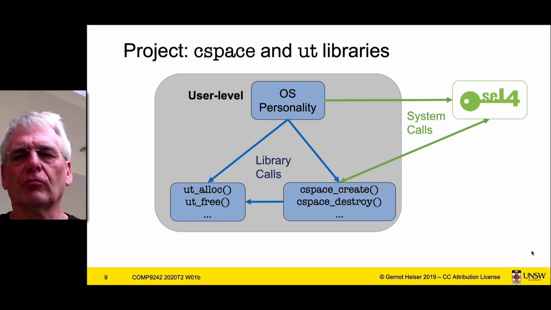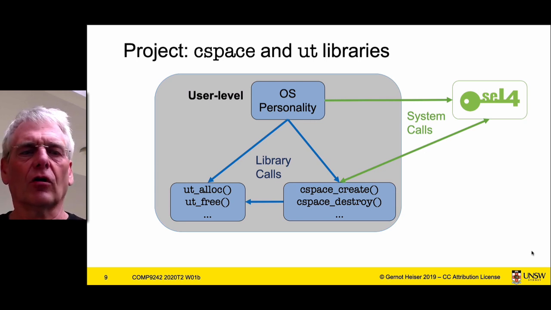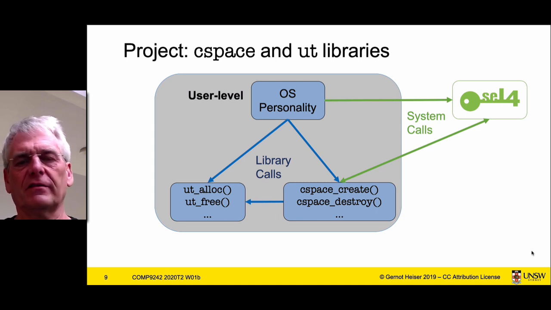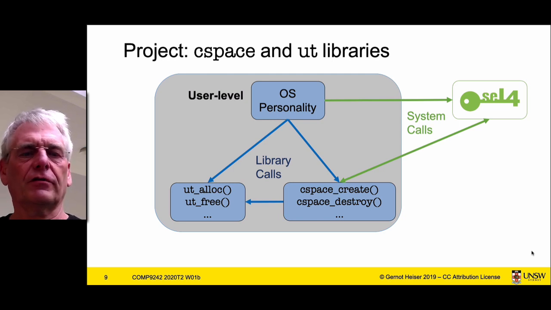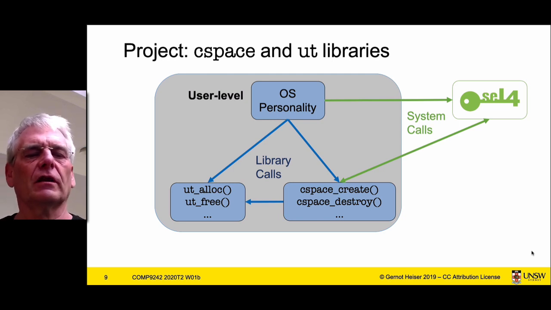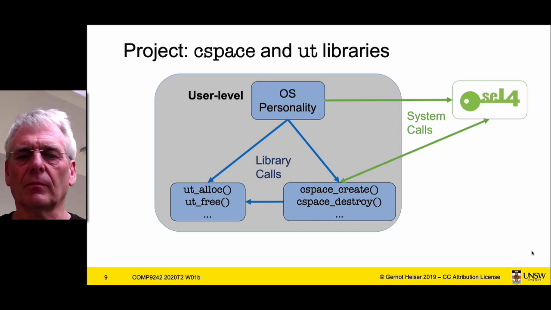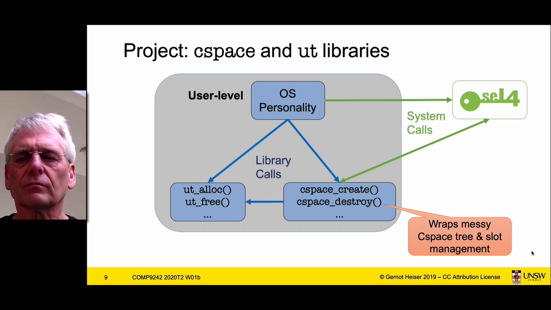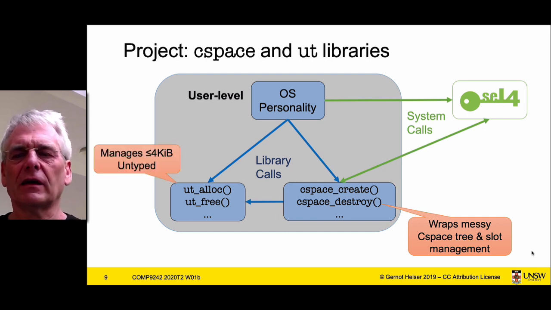As I said, for your project, we give you help in the form of two libraries, the CSpace and the UT library, and you use those for implementing your operating system functionality. So the CSpace library is basically wrappers for system calls that go directly to seL4, whereas the UT library is a pure user-level library, so that allows you to manage capabilities with less than a page granularity.